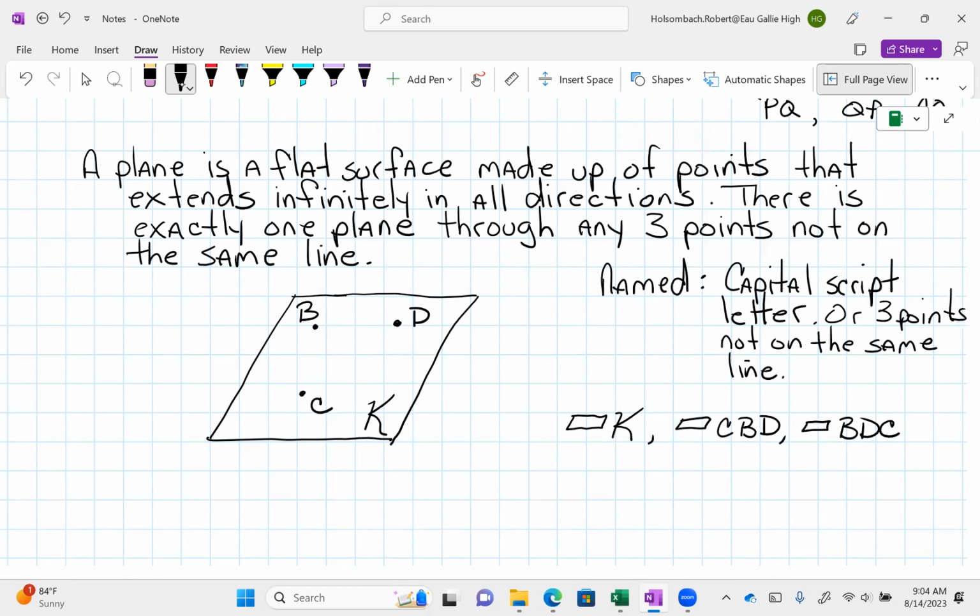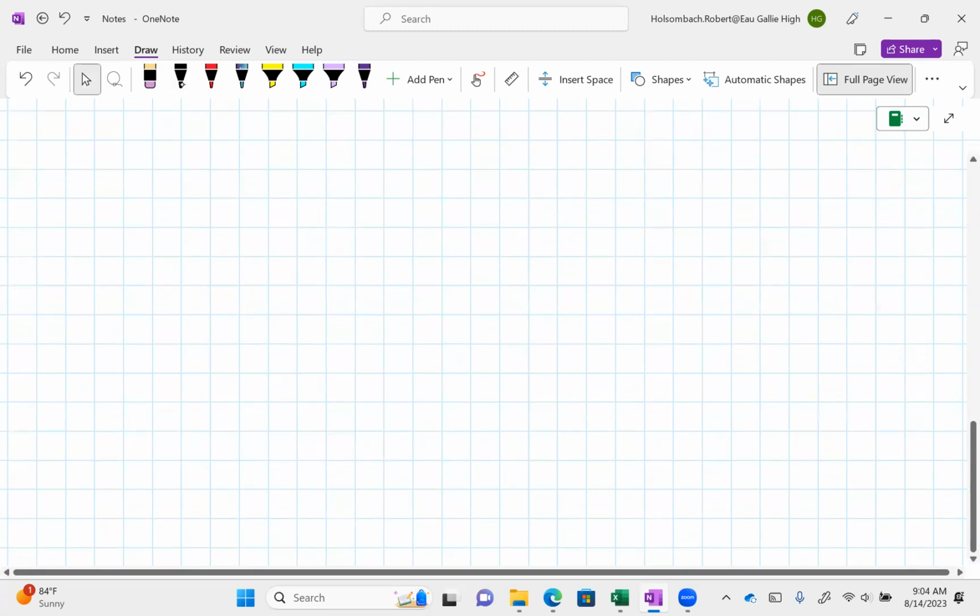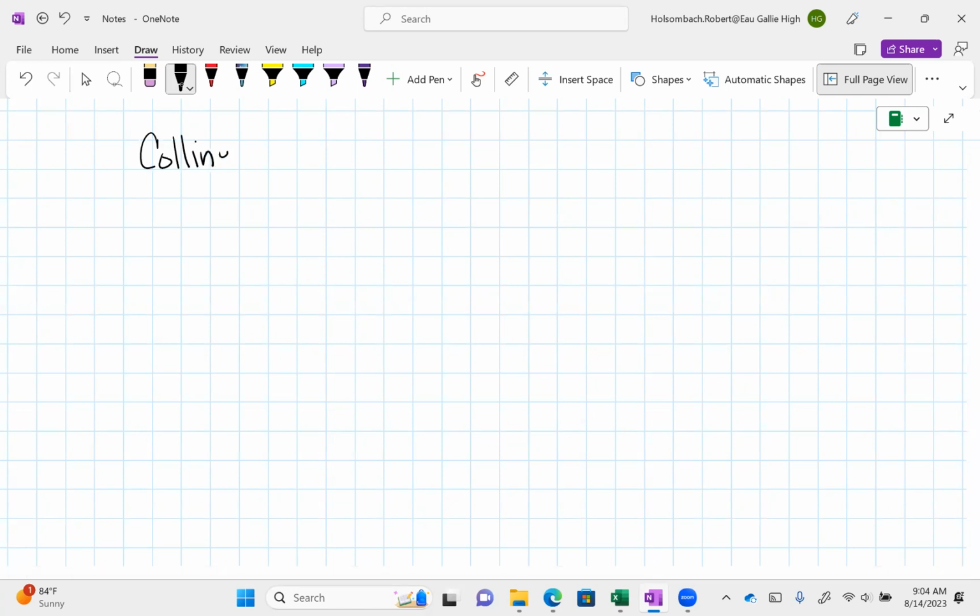So down on the bottom of page 5, there's a couple of terms that are extremely important. First one is collinear.